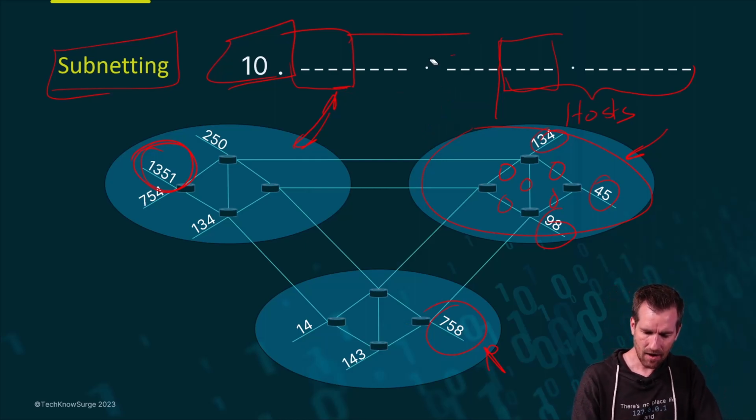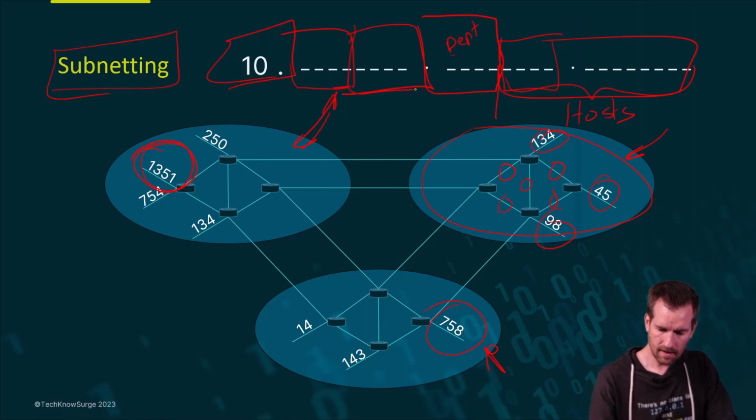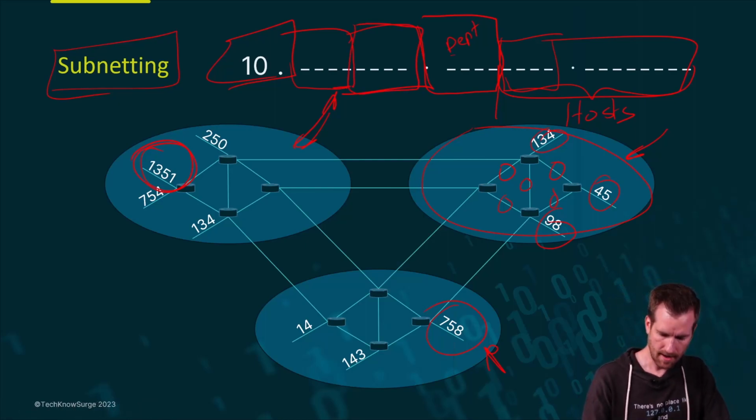Suddenly I need to account for that. So maybe that breaks it down like this. These are the hosts at the end, these are the department bits right here, which allows for 16 different departments, and then these are the sites, and this will be the regions.